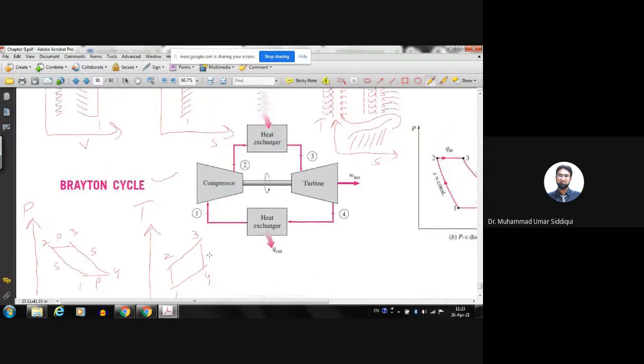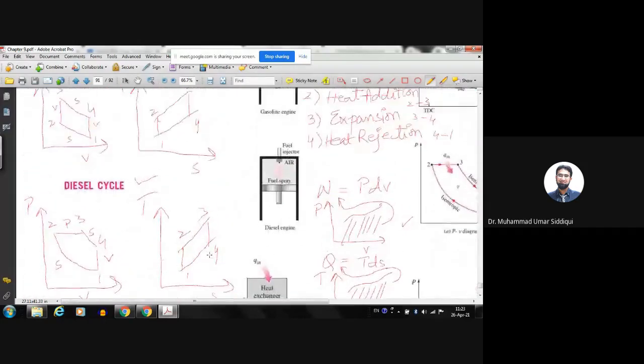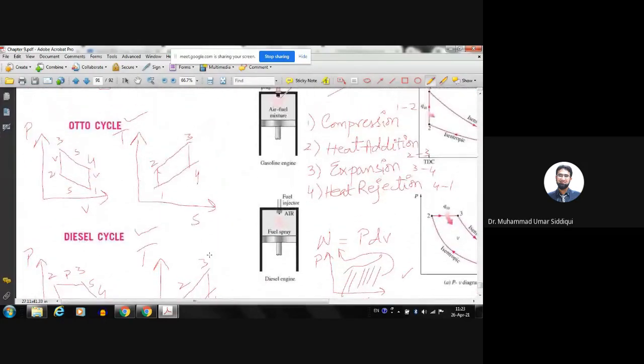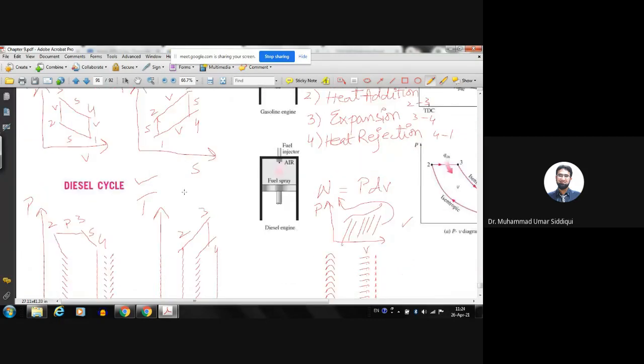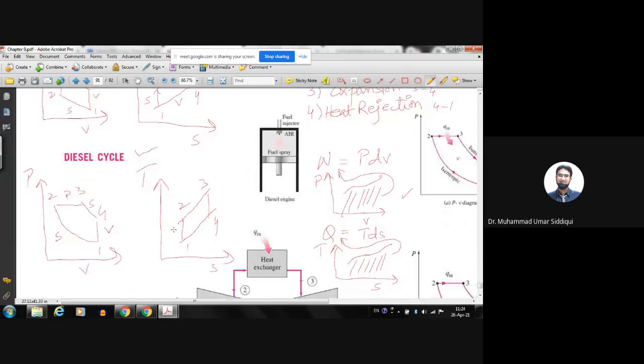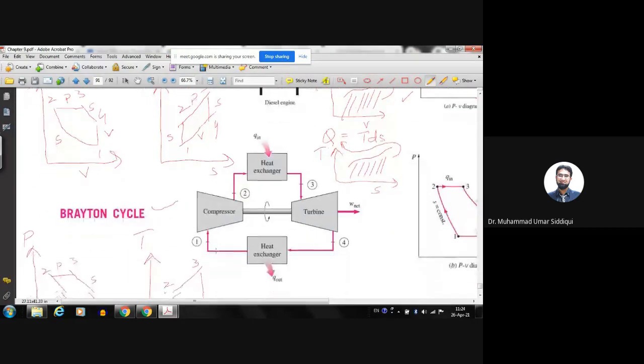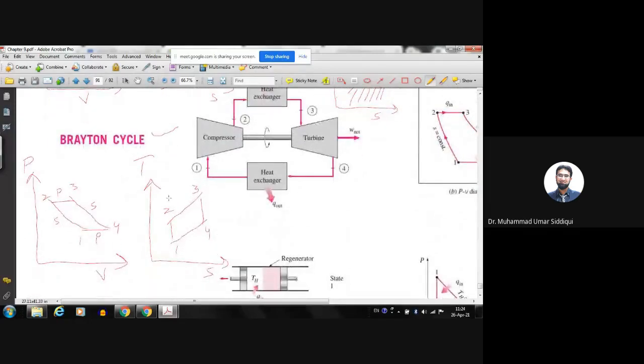So practically, on the TS diagram, whether it is Otto, diesel or Brayton cycle, they all look the same. We have 1, 2 isentropic, 3, 4 isentropic, and here we have constant volume, constant volume. Here 1, 2 isentropic, 3, 4 isentropic, and we have constant pressure, constant volume. Here we have 1, 2 isentropic, 3, 4 isentropic, and we have constant pressure, constant pressure.